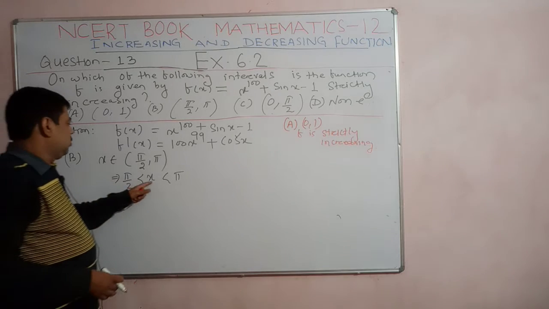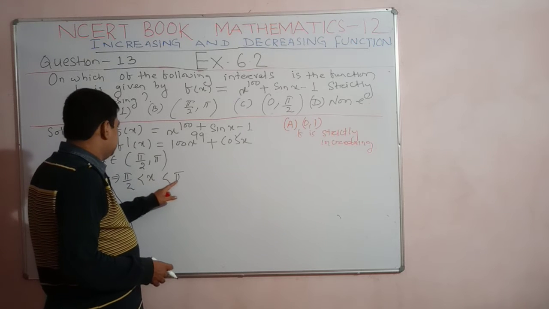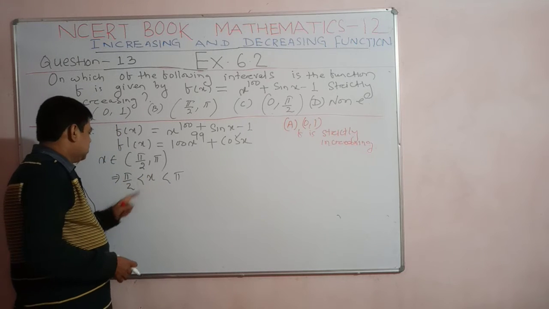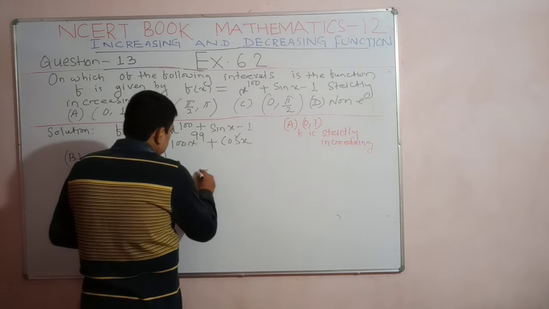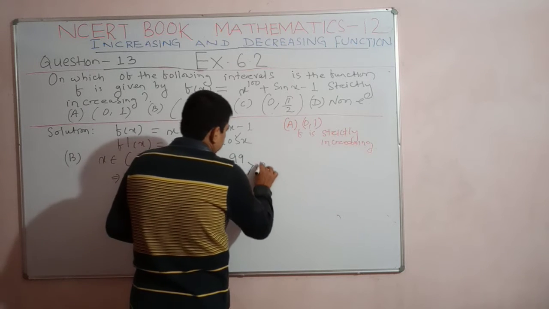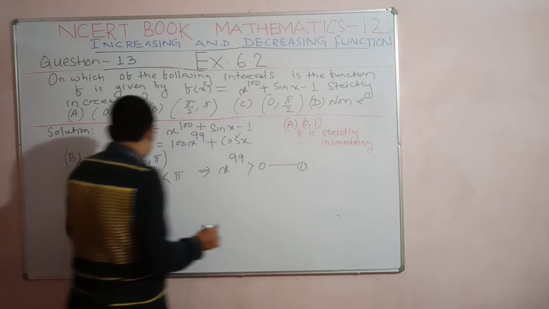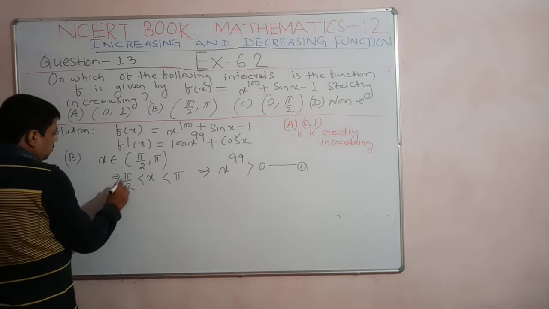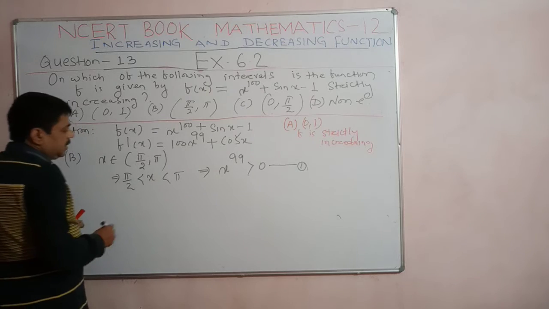It means the x value is positive, the angle is positive. You see x lies between pi by 2 and pi. So is it clear that x to the power 99 is greater than 0? Positive, because x lies between pi by 2 and pi.